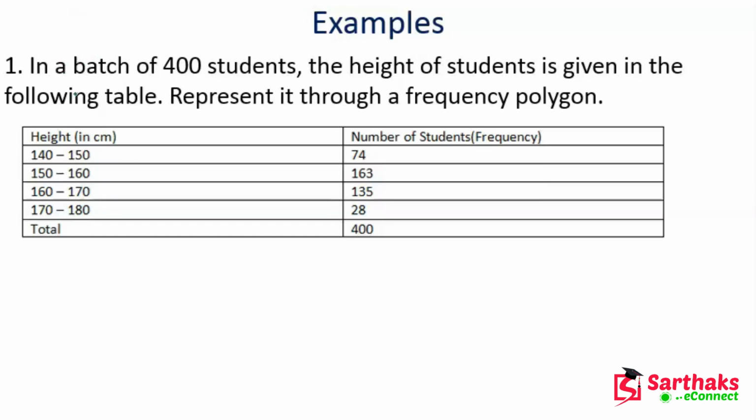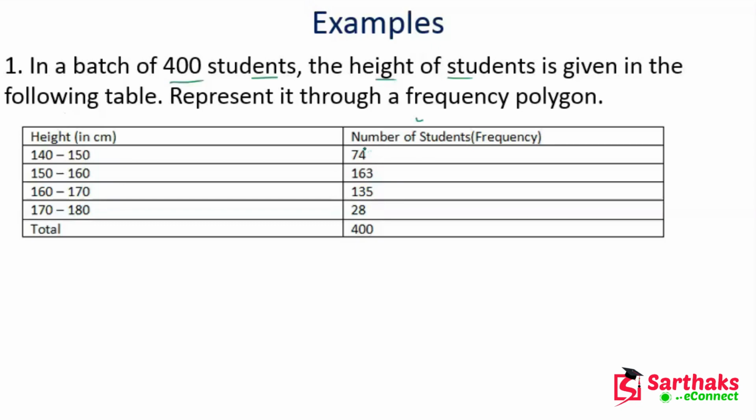Question number 1: in a batch of 400 students, the heights of students are given in the following table. Now represent it through a frequency polygon. If you observe, here we have class intervals of height in centimeters, and in this column we have the number of students, or frequency.